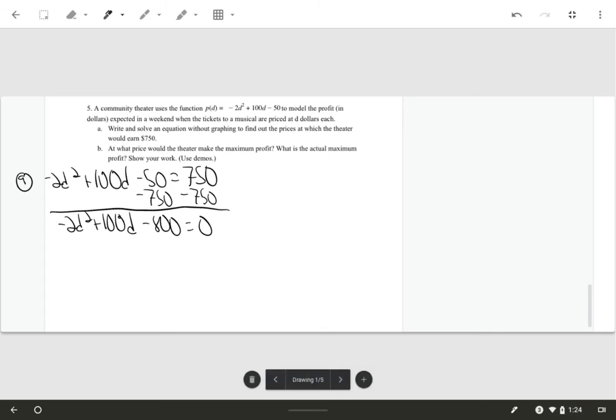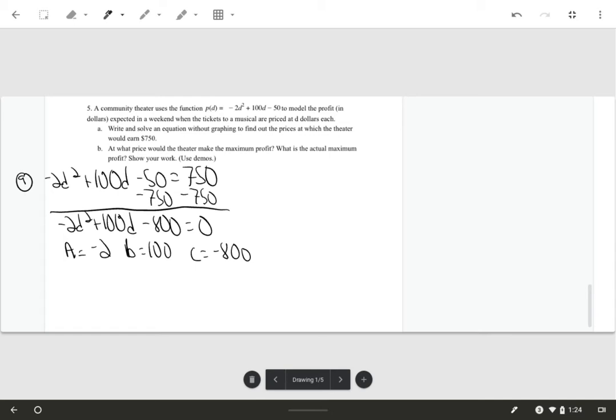And again, I have several methods I can use to solve this. I'm going to choose to use the quadratic formula because my A value is going to be negative 2, my B value is going to be 100, and my C value is going to be negative 800.